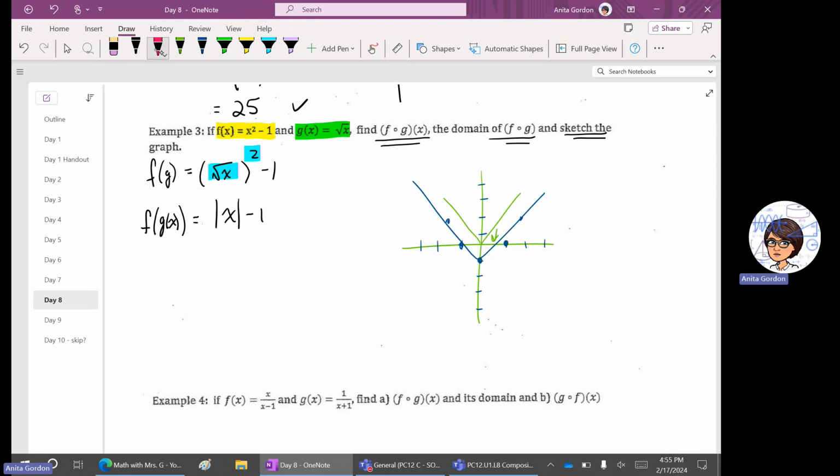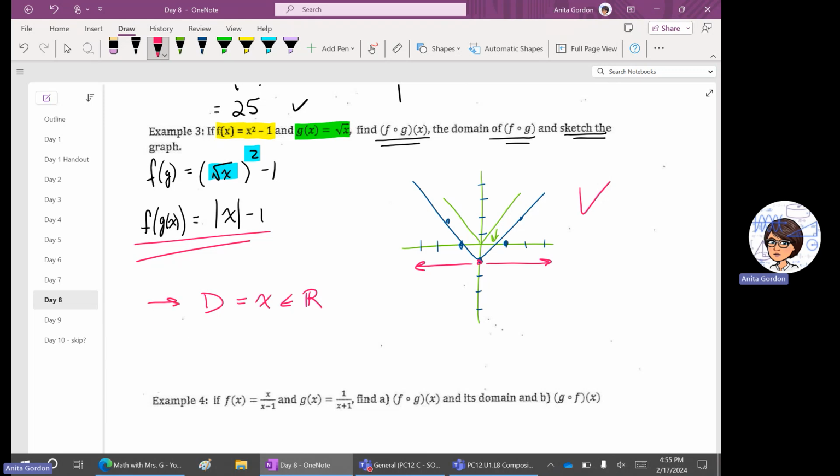So we have simplified the function. We have sketched the graph of the function. What is the domain? Looking at the domain, x can be 0, it can be any positive number, it can be any negative number. Therefore, the domain is all reals. But hang on a second. Remember the definition of our composition function.